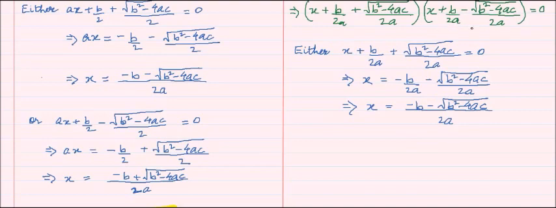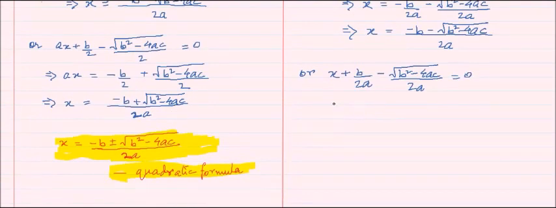Now coming to this part. So or x plus b by 2a minus under root b square minus 4ac by 2a equal to 0. And now we keep this x to the left hand side and we take the other two terms to the right hand side.